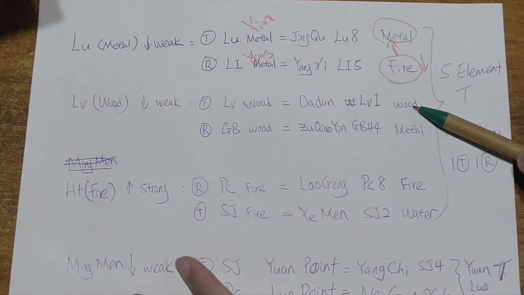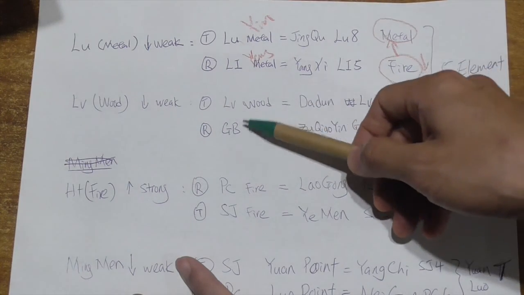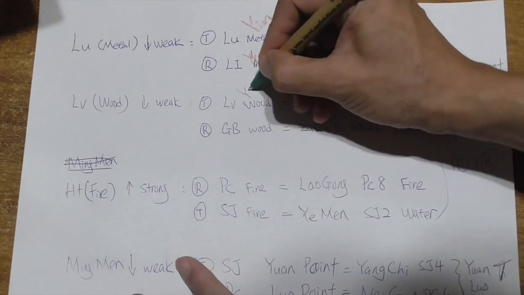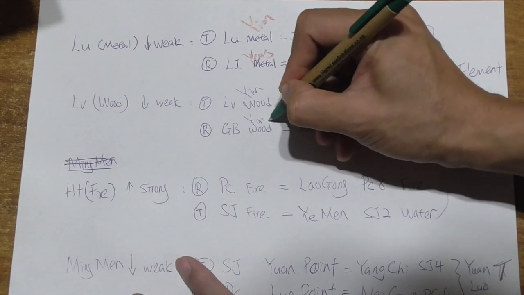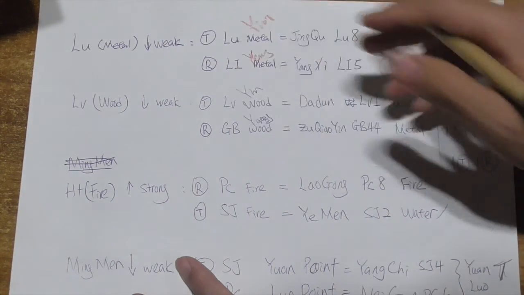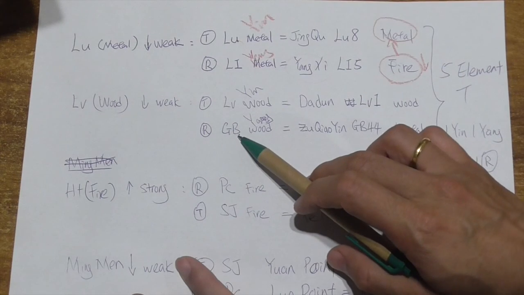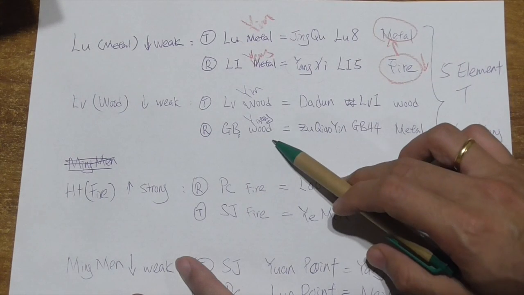When you tonify wood, you want to go to the yang meridian paired with the liver, which is the gallbladder. Gallbladder belongs to wood too.